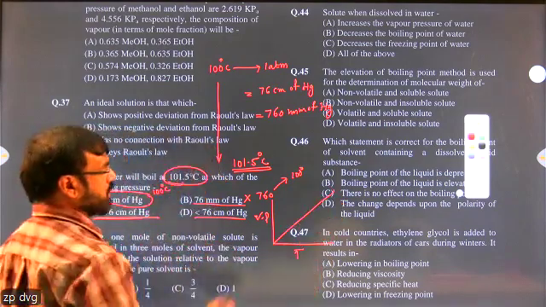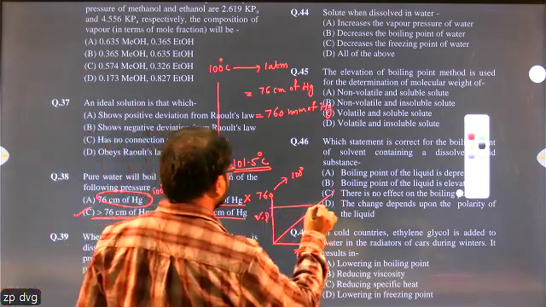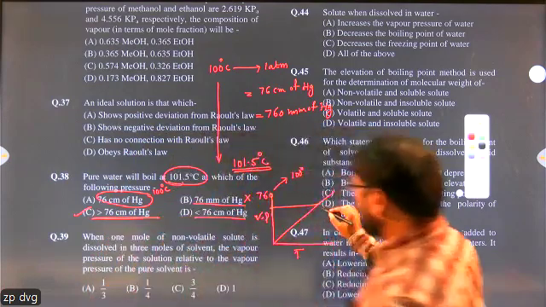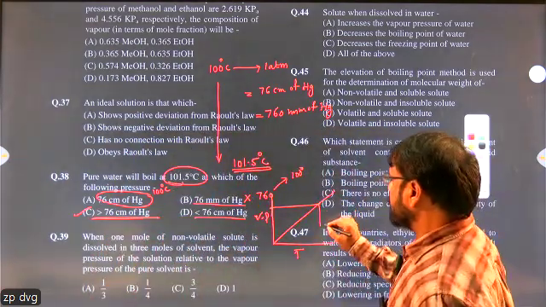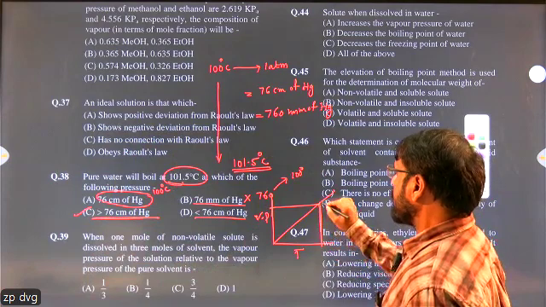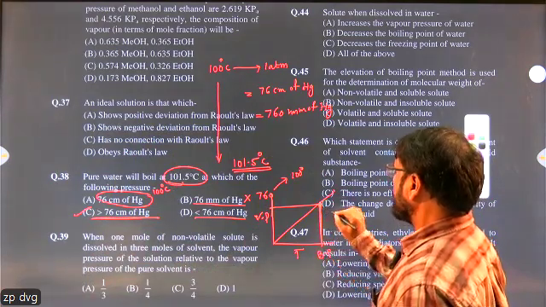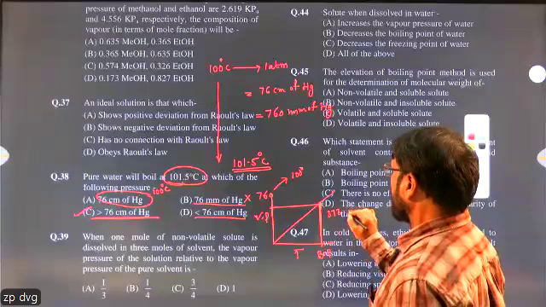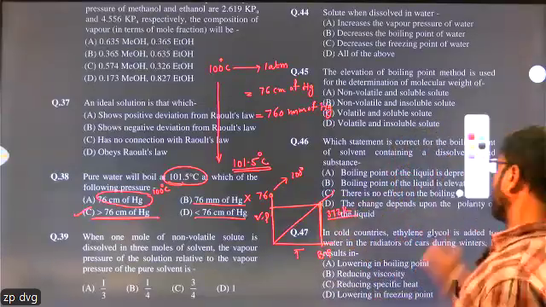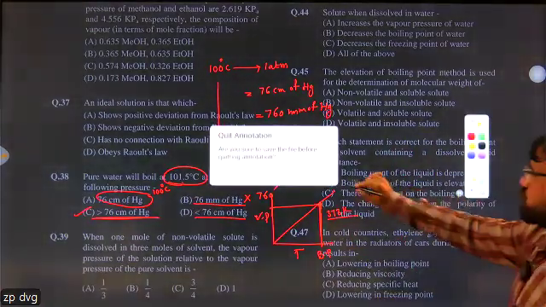Vapor pressure and temperature are related like this. Whenever the vapor pressure of water reaches 1 atmosphere, that point is known as its boiling point. 373 Kelvin or 100 degrees Celsius is the boiling point. Like that we can solve this question.